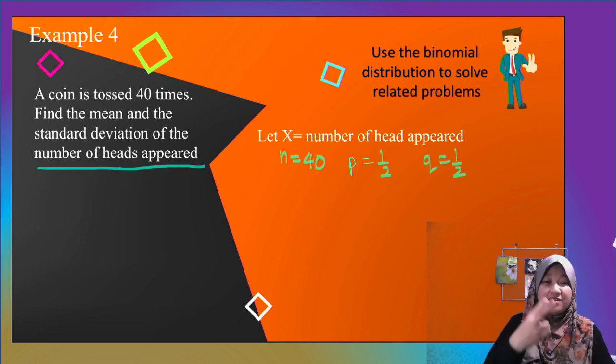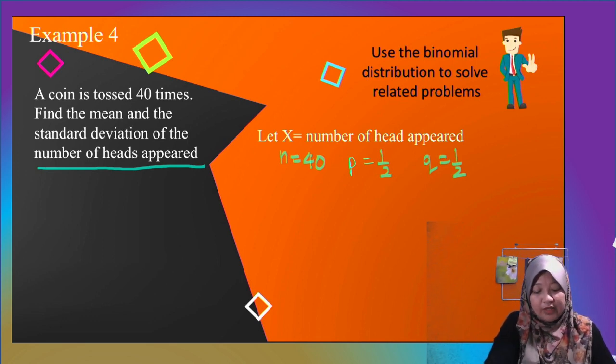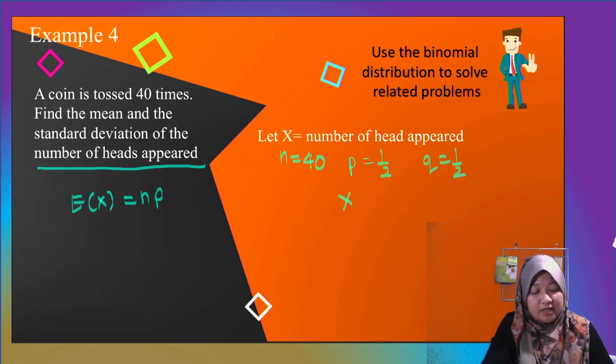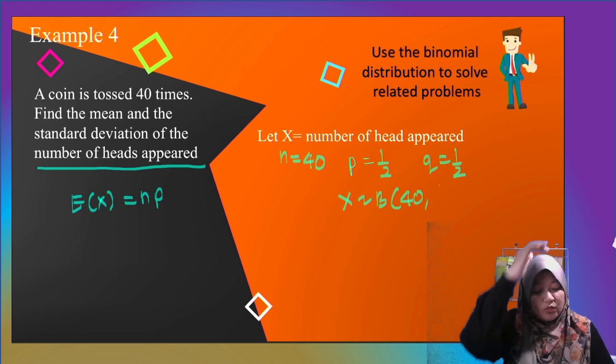We have two faces only. So the probability of P is 1 over 2. Q also 1 over 2. So find the mean. Mean is EX, N times P. Before that, this one is binomial distribution. Jangan lupa kita tulis X distributed binomial 40, 1 over 2.